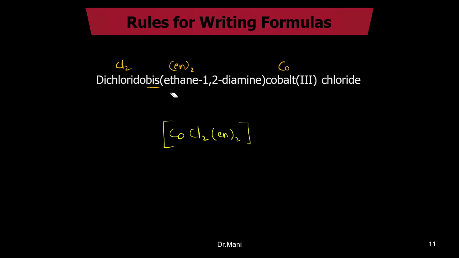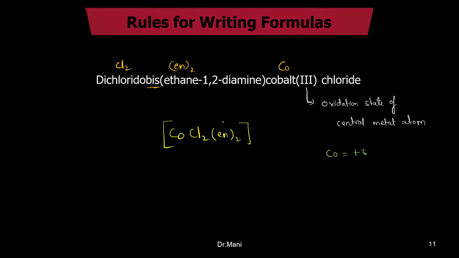Here 3 is given, so cobalt will be having +3 charge. Yes or no? 3 is for the oxidation state of the central metal atom. So from that, I can say the cobalt is having +3 charge.